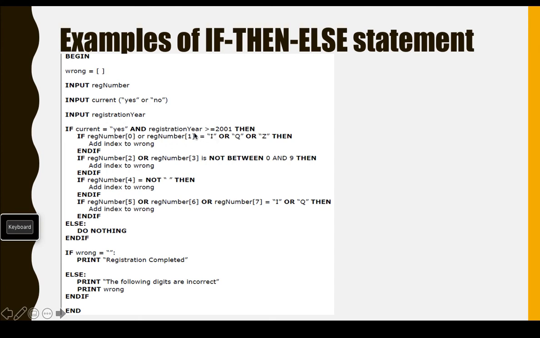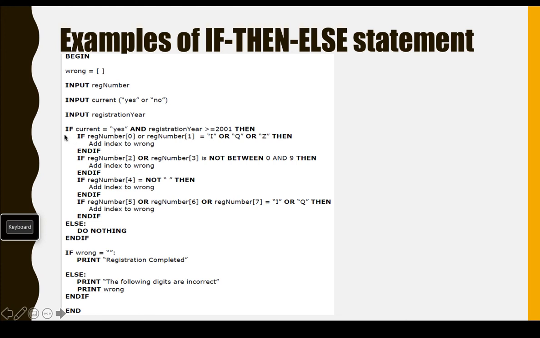Then, now the key thing with the word then is that whatever action you then want to happen has to be indented. That means you need to have a space to show that this action belongs to this condition. So once this condition is met, this is the action we want to take place.